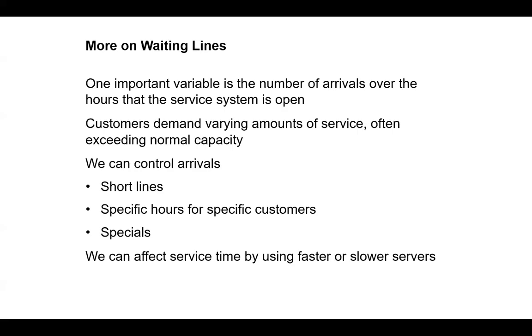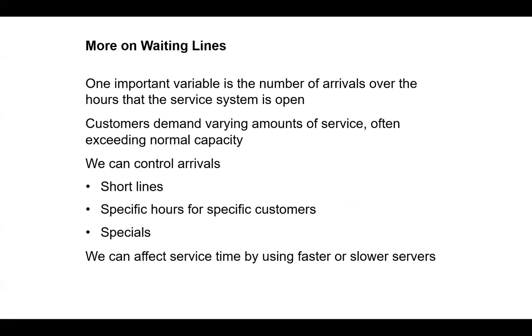When we mention waiting, one of the important variables we need to focus on is the arrivals, the number of arrivals. In most situations, as a manager, you can control the customer arrivals. You can control the arrivals via showing lines, or by providing specific hours or some special offers.